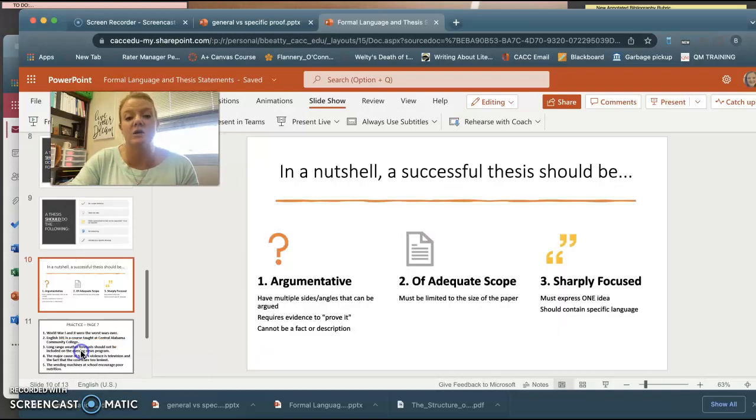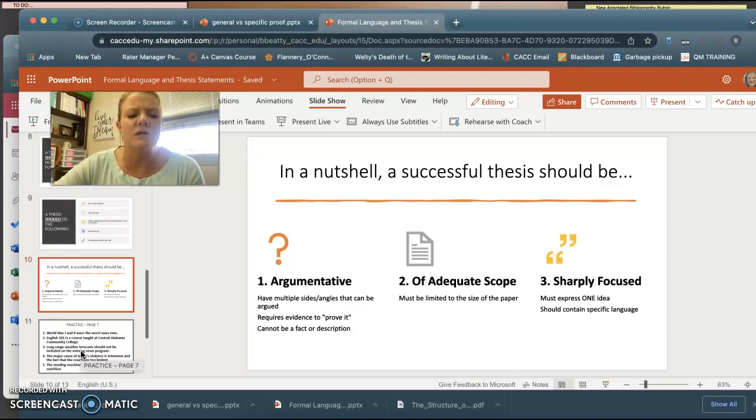In a nutshell, it should be argumentative. You should be able to prove whatever it is you're saying. It should be of adequate scope, limited to a topic that is easily managed in one essay, and it should be sharply focused with specific language that expresses one clear idea.